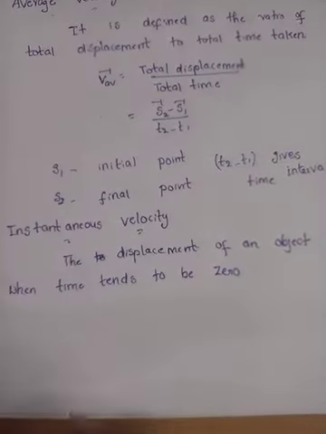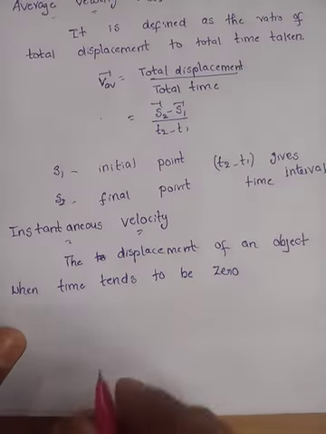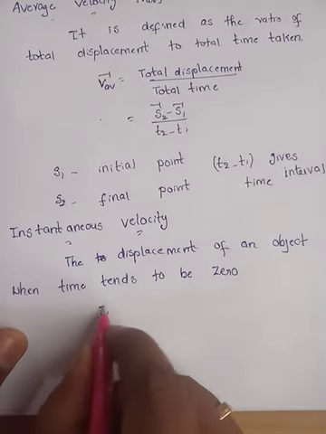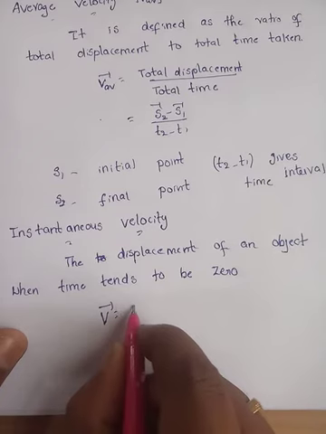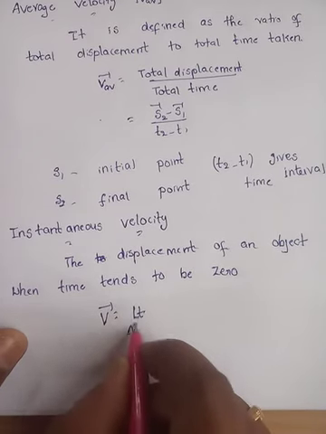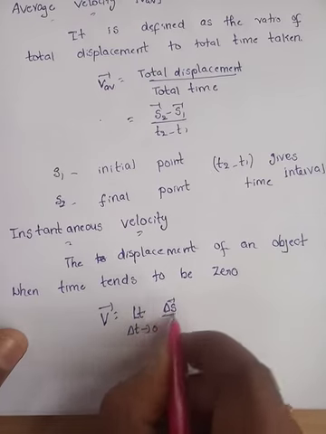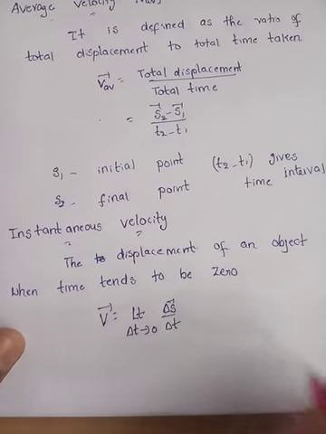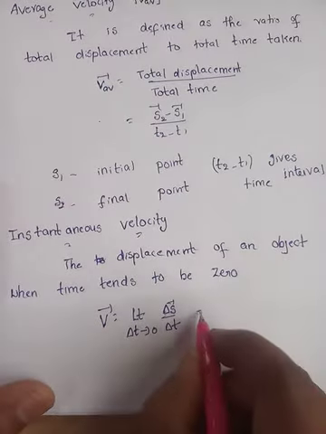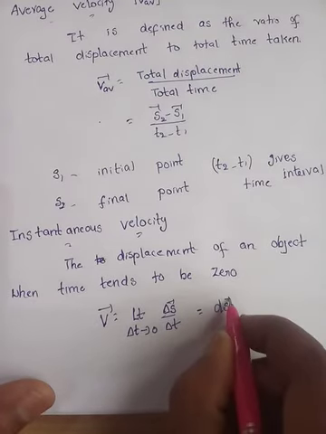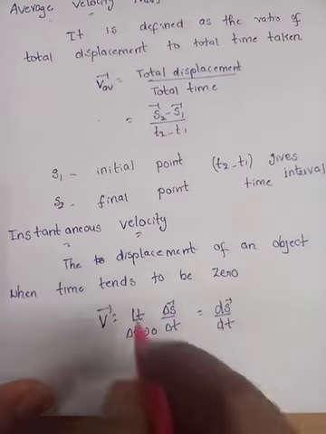When time tends to 0, the displacement of the particle is called instantaneous velocity. So V equals the limit as delta t tends to 0 of the change in displacement over a small interval of time. This can be written as ds by dt.